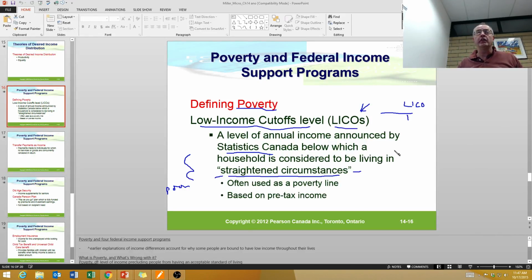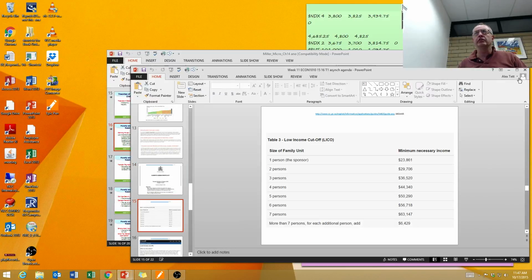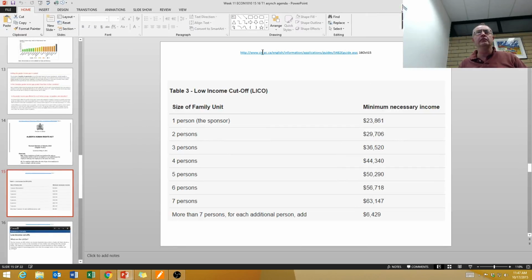Okay, so what are these income levels below which we're considered poor in Canada? These are from 2015, from the Government of Canada. If we live in an urban center and we only have one member in our family, we're a single person, then our poverty level is about $23,861.